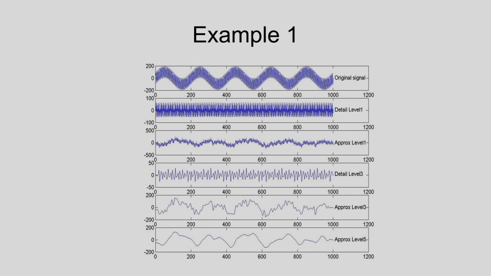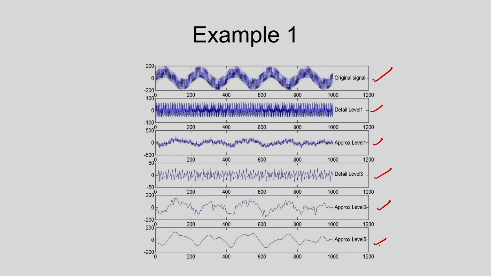And here is another example. You can see the original signal, and you can see I am getting the approximate signal at level 1, and also the detailed level 1 signal you can get. This is the detailed level 1 signal, approximate level 1 signal, detailed level 3, approximate level 3, approximate level 5.